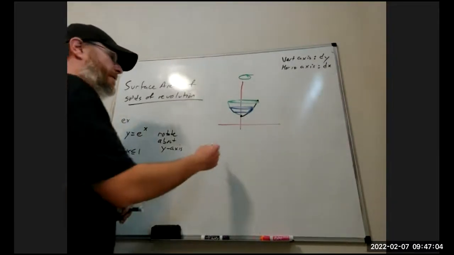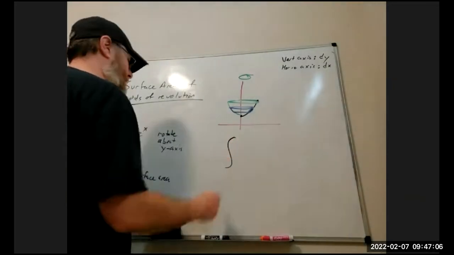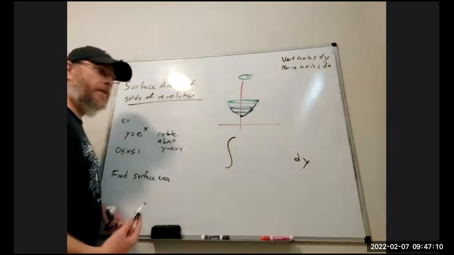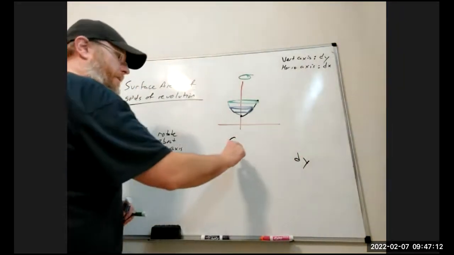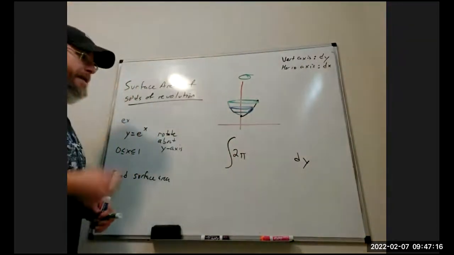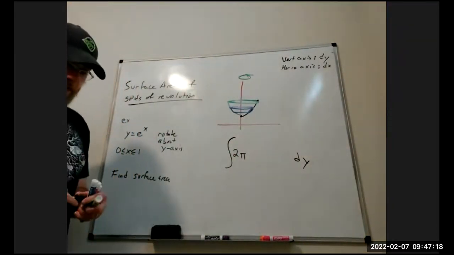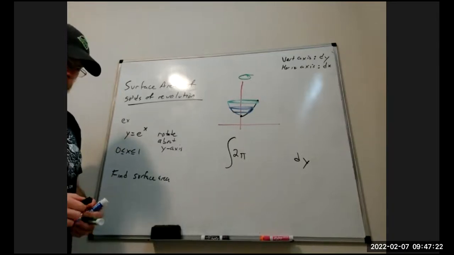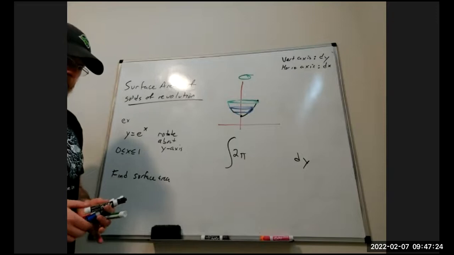So if we start setting this up, we're going to want this as a dy. So let's start getting what we need. We need 2 pi times our radius. So what's going to give us our radius here? The function.